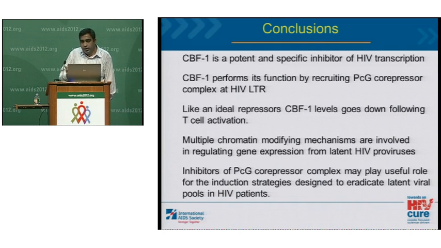And as I mentioned, it induces various repressive epigenetic modifications in order to repress genes. And so by targeting the complex, we can simultaneously target the various repressive epigenetic modifications, and that could result in a better reactivation of the latent provirus.